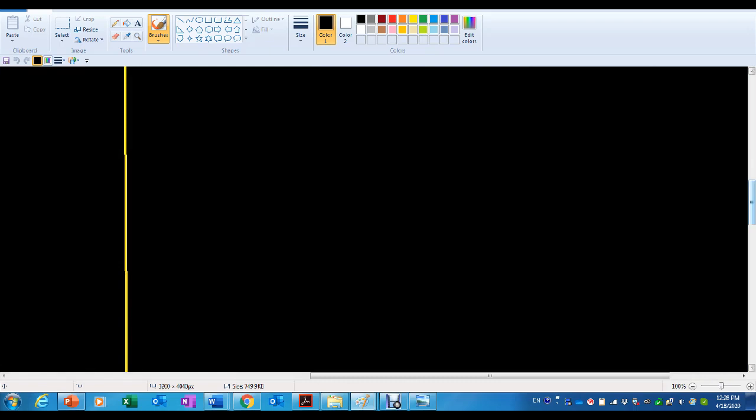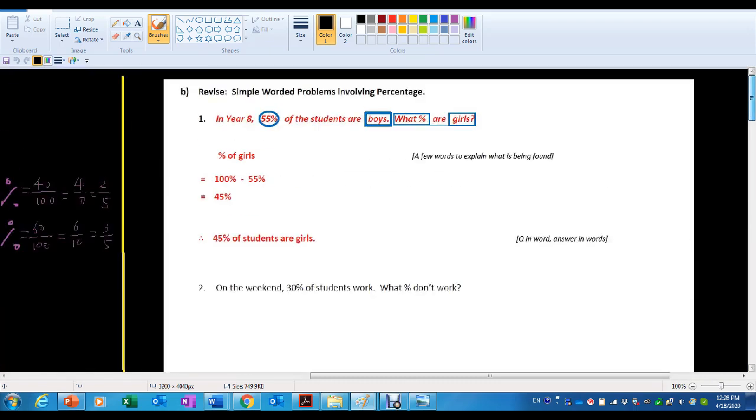Okay, so how about today? Today we are going to do some simple word problems. Let's see, in year 8, if 50% of students are boys, what percent are girls? Students are either boys or girls, right? So if 50% of students are boys, the rest of them must be girls.